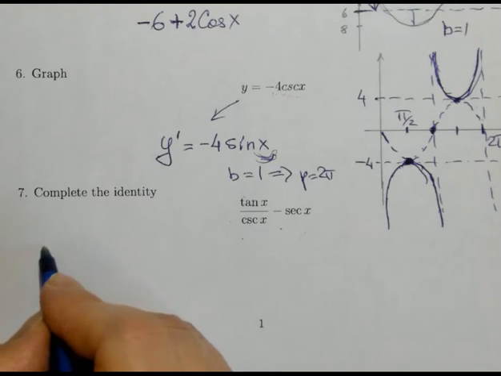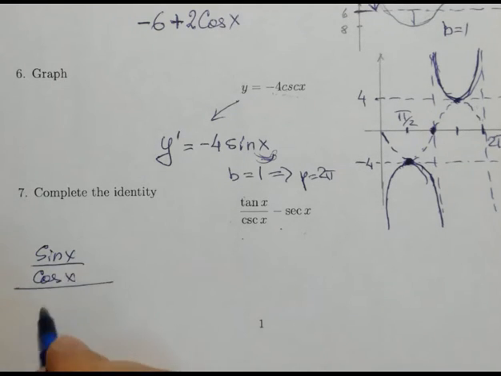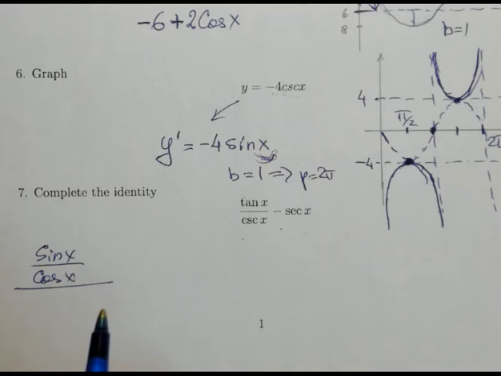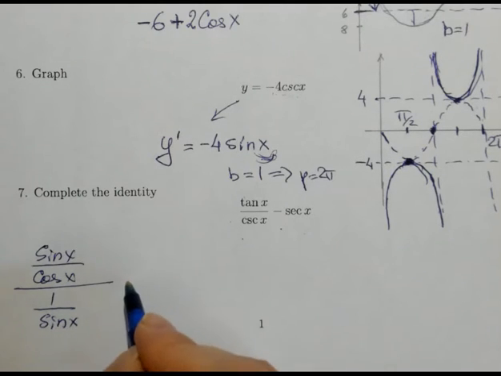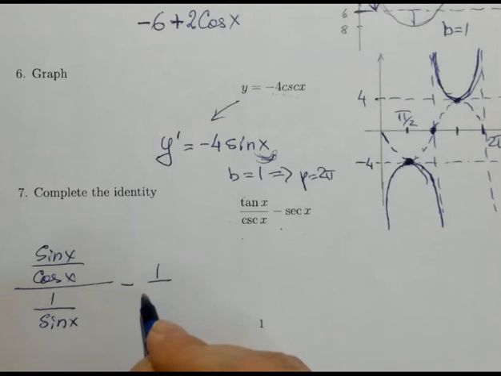So tangent is sine x over cosine x. It is divided by cosecant. Cosecant is 1 over sine x minus secant, 1 over cosine x.